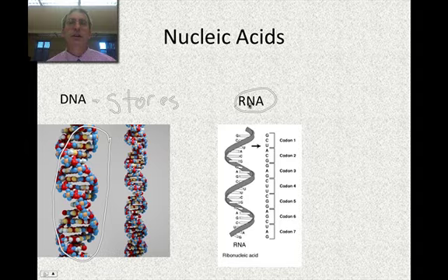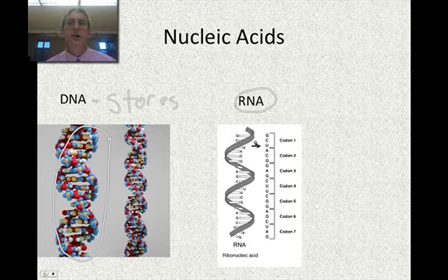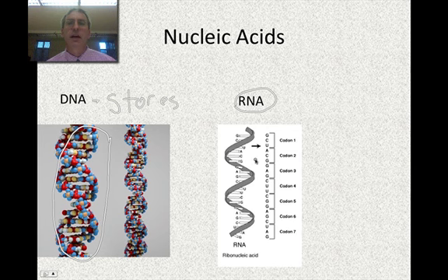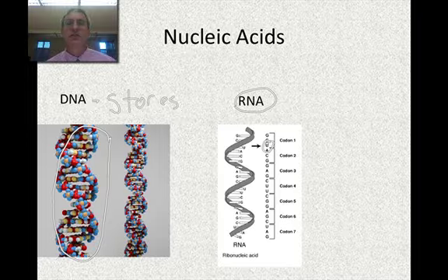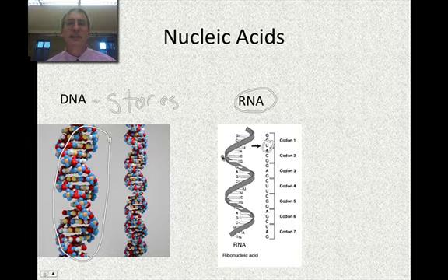And then we have RNA, which stands for ribonucleic acid. It's a similar molecule, but a little different. It's only a single strand as opposed to a double. And the nucleotides, the molecules that comprise it, a phosphate, a sugar, and a nitrogen base, there is a nucleotide, a uracil, that's a little bit different than one that's found in DNA, but these are all details that we can discuss in class.